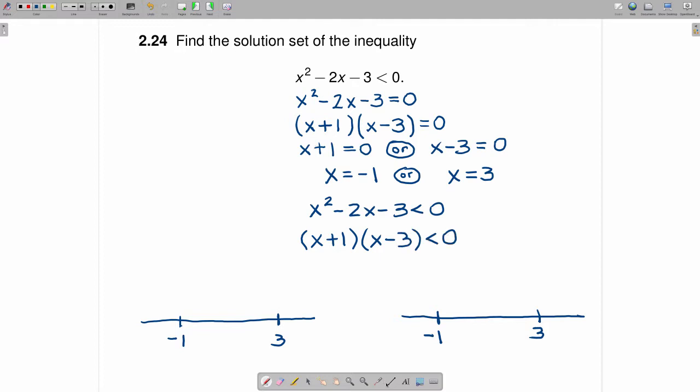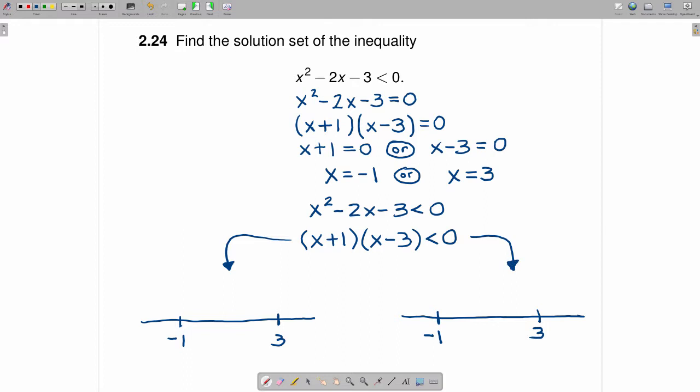In the two different ways of solving this particular inequality, one of which we're going to do over here and the other over here, you'll get the same answer either way.